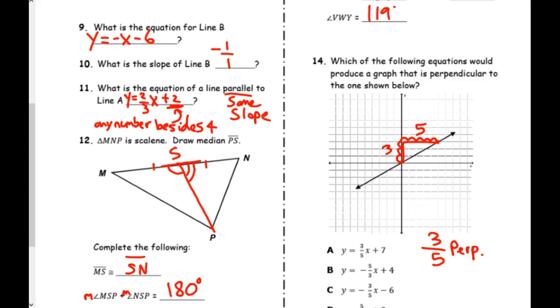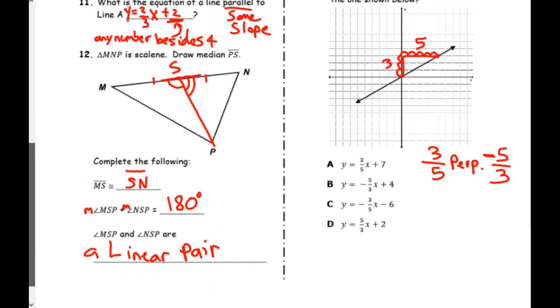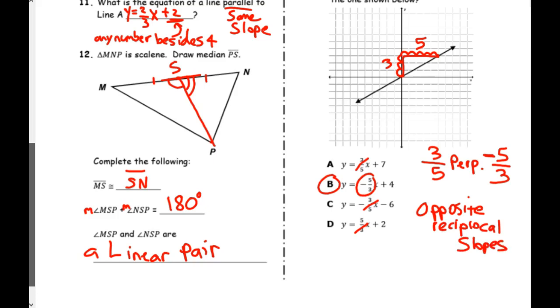Positive becomes negative. 3 over 5 flips to become 5 over 3. So which one of these answers has negative 5 over 3 as a slope? Nope, nope, and nope. So that's the slope that I need. Opposite reciprocal slopes. All right.